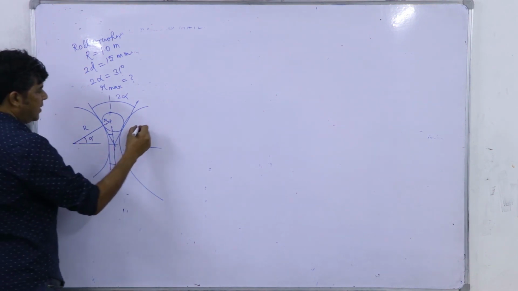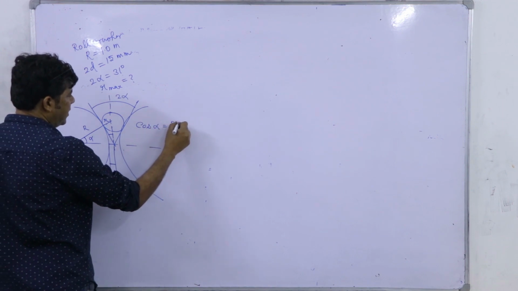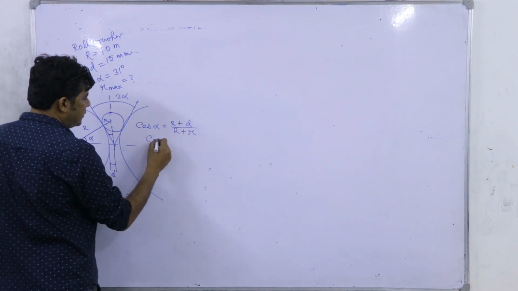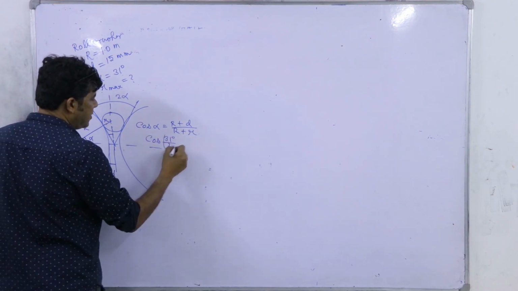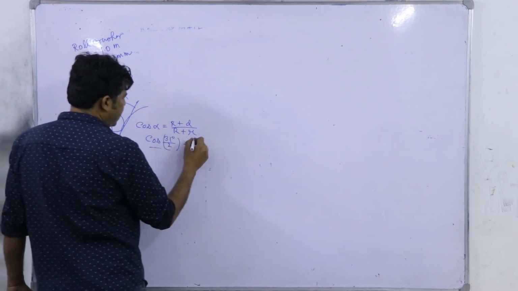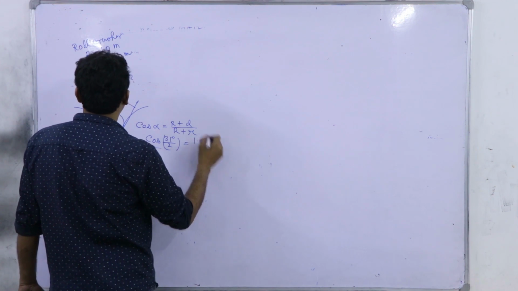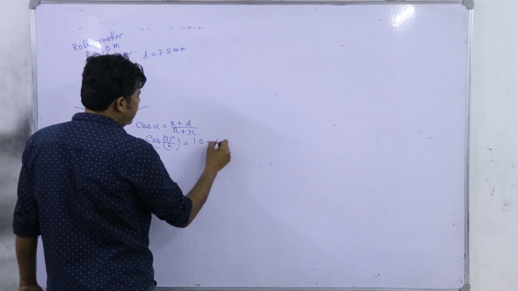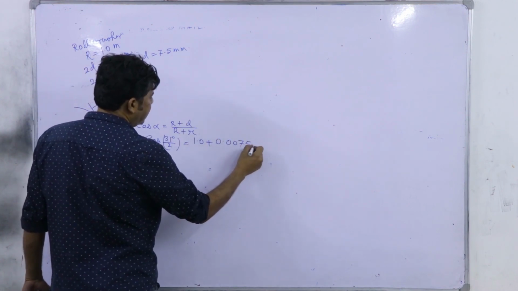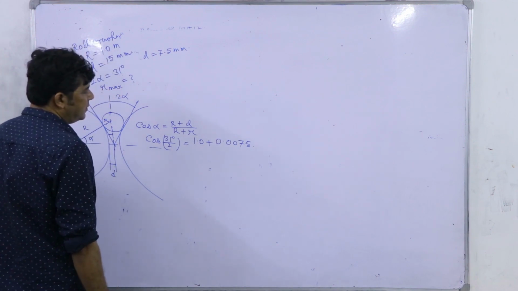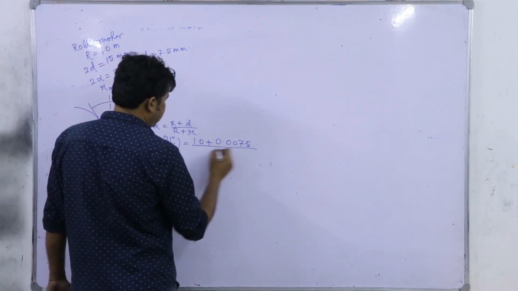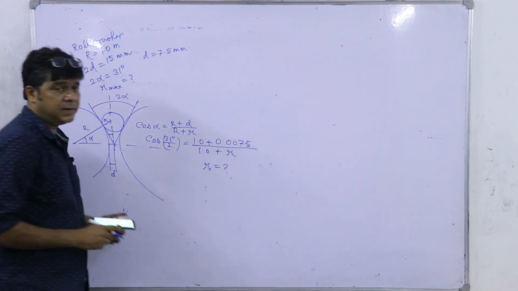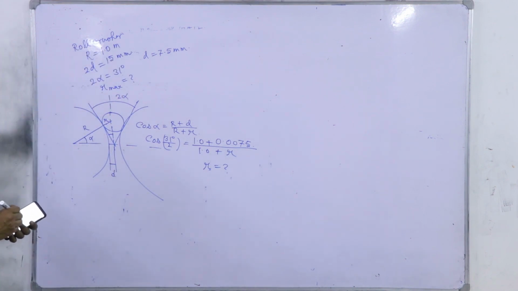So, we can write cos of alpha is equal to R plus d divided by R plus small r, right. So, cos of 31 degree by 2 is equal to 1 meter plus d, the gap. So, d is equal to 7.5 millimeter, 0.0075, divided by 1 plus r, and from there we can solve for r, which will be the maximum diameter of the particle to be crushed.